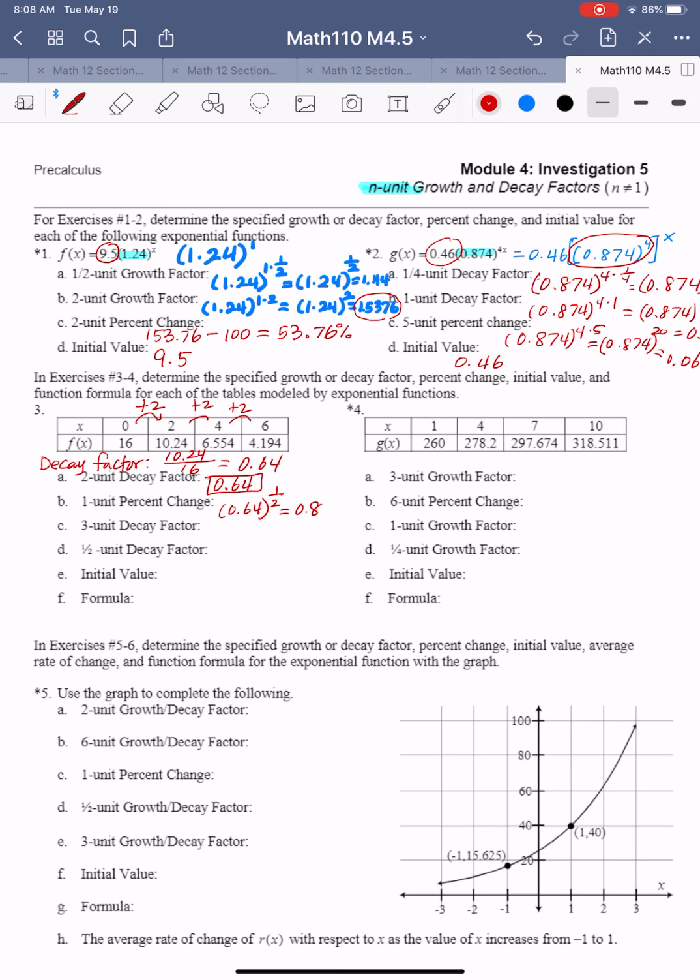And then the 3-unit decay factor, which is now from the 0.64 and the 2-unit growth factor, the 3-unit growth factor, right? So this is going to be the 3 over 2.